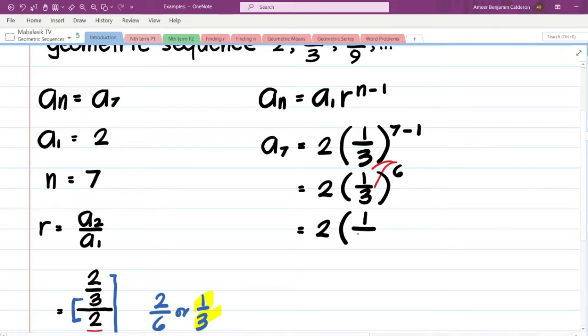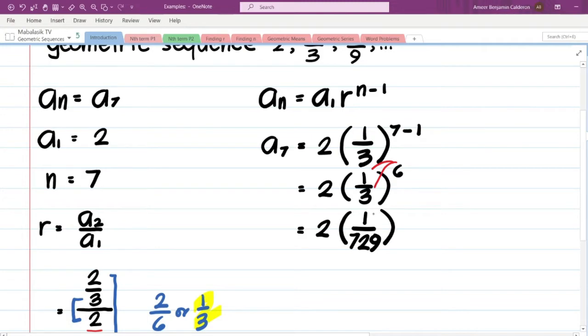And 3 to the 6th is just 3 times 3, which is 9, times 3, 27, times 3, 81, times 3, 243, and times 3, 729.